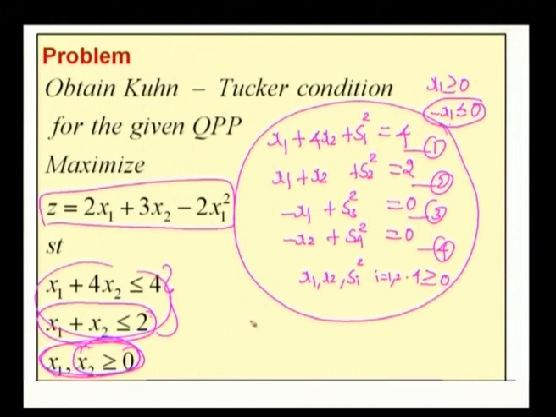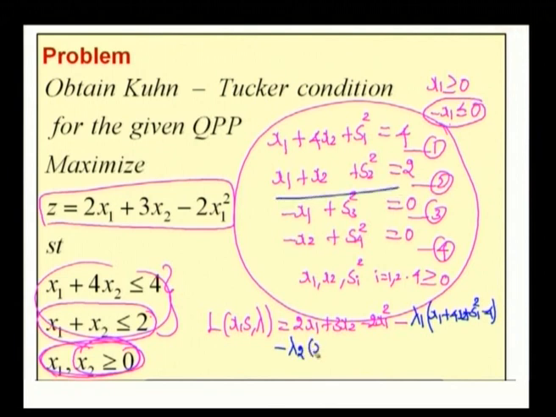The Lagrangian function is L of x, s, lambda equal to the objective function 2x1 plus 3x2 minus 2x1 squared, minus lambda 1, where lambda 1 is the Lagrangian multiplier, into the first constraint x1 plus 4x2 plus s1 squared minus 4, minus the second Lagrangian multiplier lambda 2 into x1 plus x2 plus s2 squared minus 2, minus lambda 3 into the third equation minus x1 plus s3 squared, minus lambda 4 into minus x2 plus s4 squared.